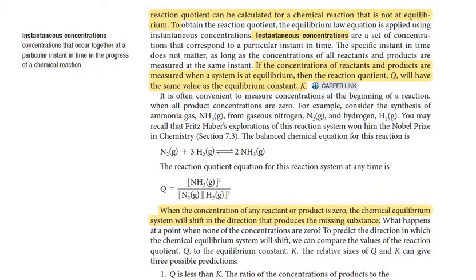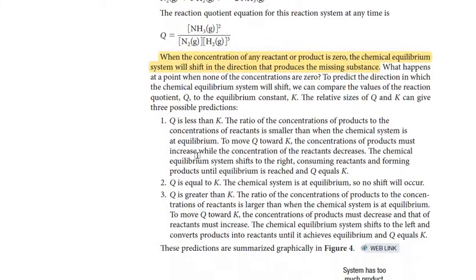So now what happens at the point when none of them are 0? To predict the direction in which the chemical equilibrium system will shift, we can compare the values of K and Q. This part is very important. If Q, the reaction quotient, is less than K, the ratio of the concentration of products to the concentration of reactants is smaller than when the chemical system is at equilibrium.